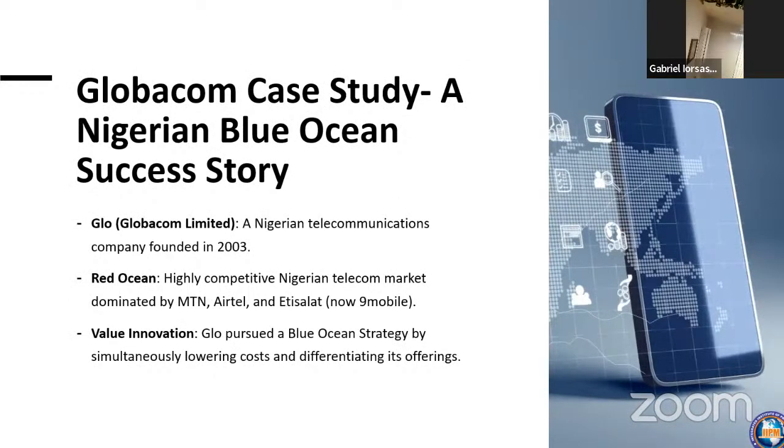Globalcom case study: a Nigerian blue ocean success story. So what happened to Globalcom? I'm sure most of us use Glo Network or Glo services. Globalcom Limited is a Nigerian telecommunications company founded in 2003.